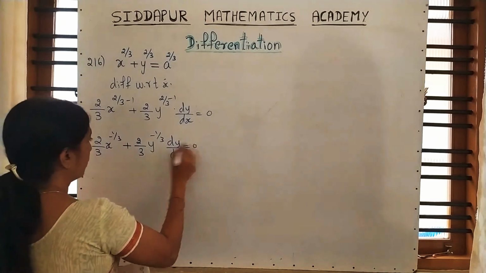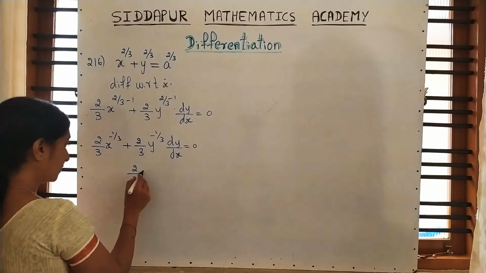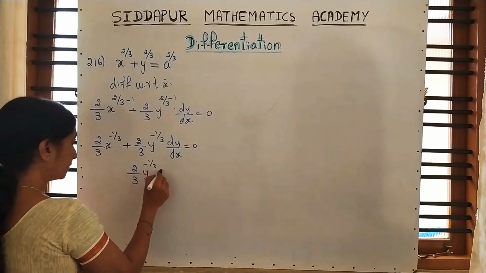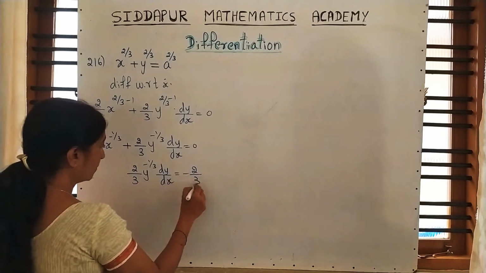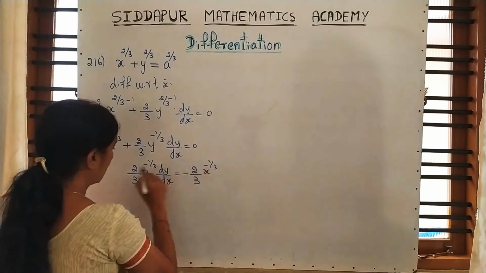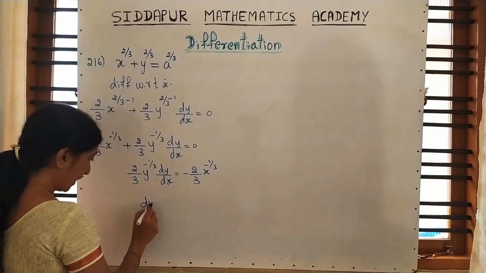Taking the terms on that side, separating the terms. On both sides, the 2 by 3 cancels.